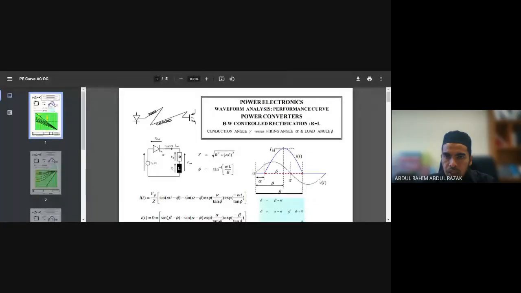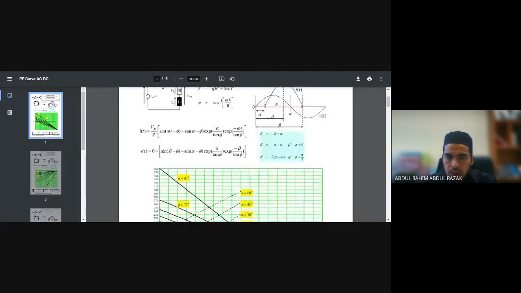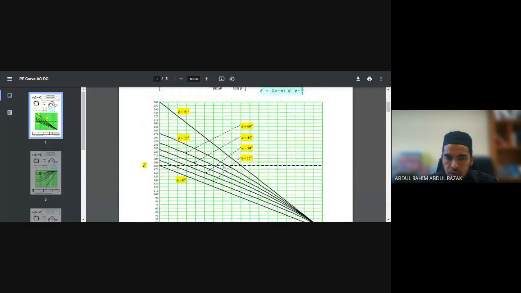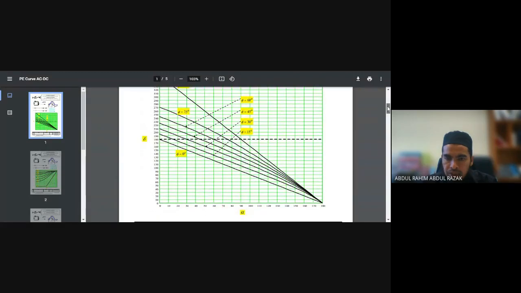If you can see the PE curve, this PE curve is used to find the extinction angle.